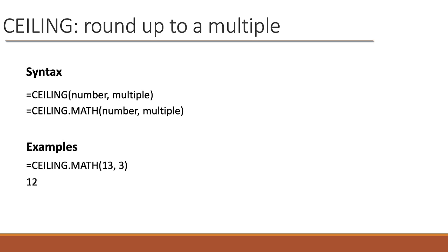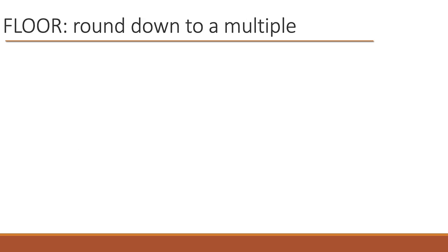So a couple of examples, if we give it a CEILING and feed it 13 and tell it to round off to a multiple of 3, well, 13 is closest to 12, so that's the result that we're going to get. If we do a CEILING of 11 with a multiple of 5, so the closest upwards to 11 is 15. Now, just like ROUNDDOWN is the opposite of ROUNDUP, the FLOOR function is the opposite of CEILING. Makes sense, doesn't it?